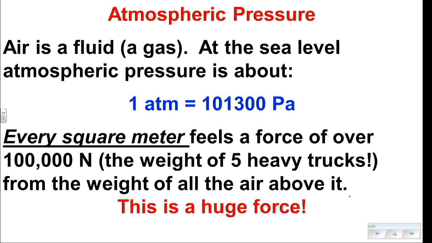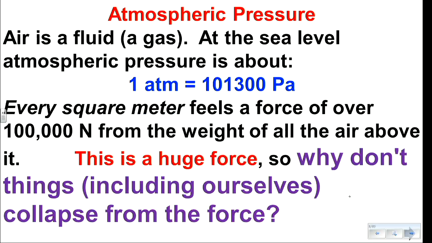So the human body has a very similar surface, and air pushes on it. Pressure times area is force. So 100,000 pascals times 1 meter squared gives 100,000 newtons. It's a huge force, a strong force.